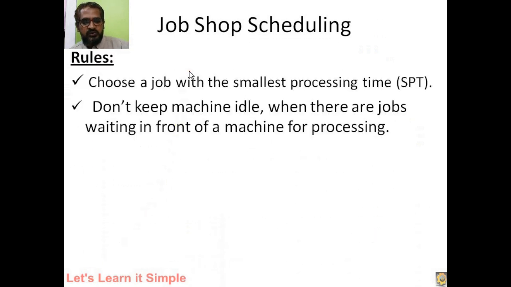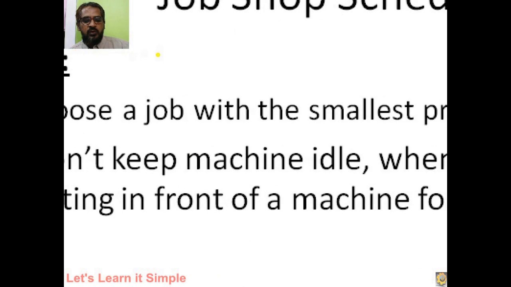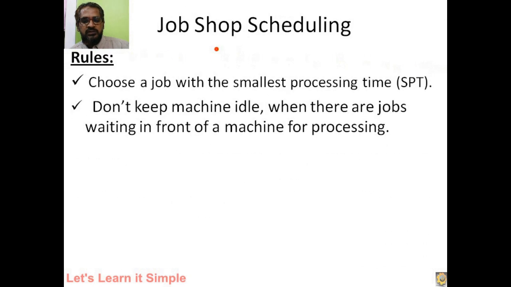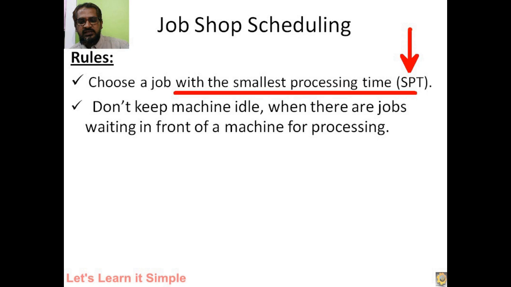Now these are the rules we are going to follow in this video. Rule number 1: if there are 2 jobs that need to be processed in the same machine, we select the SPT, that is the job with the smallest processing time.